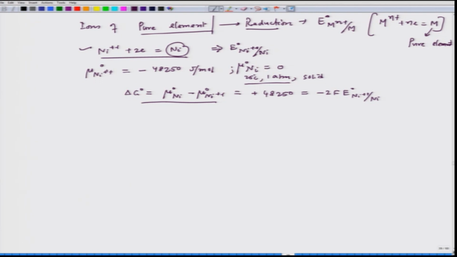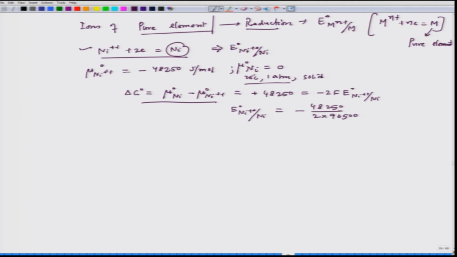So, once we have this, then we can find out E0 Ni plus plus/Ni equal to minus 48250 by 2 into 96500, where F is the 1 Faraday, which is nothing but 96,500 coulomb.